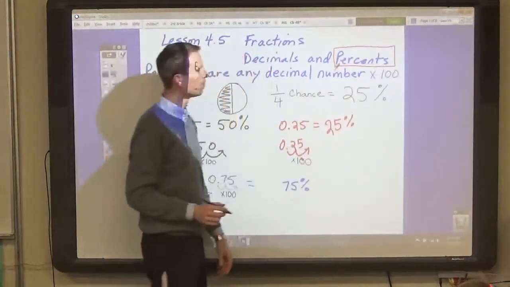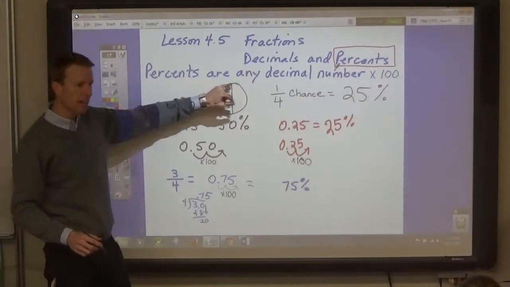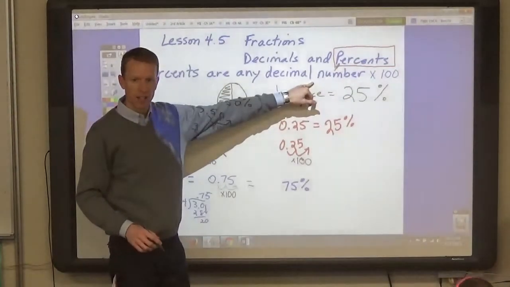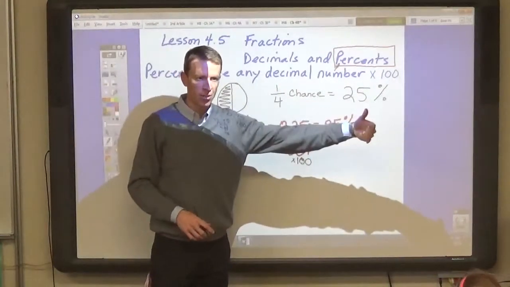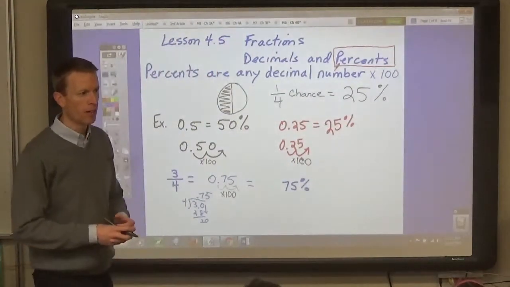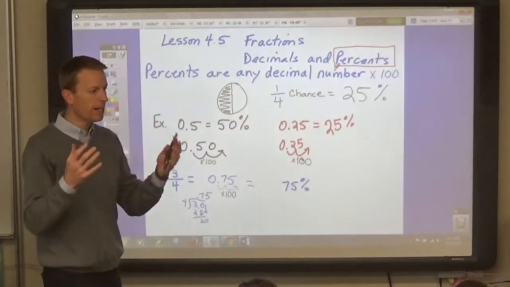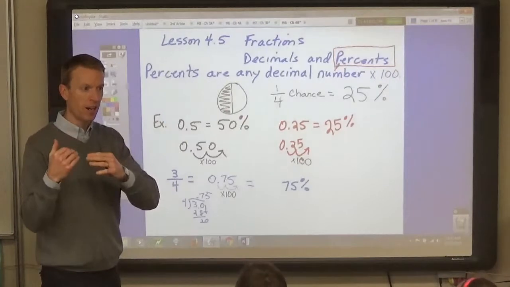A percent is any number that is in decimal form and then multiplied by 100. A decimal number multiplied by 100. What the multiplication by 100 means is it tells you how many there would be if you had 100 total.